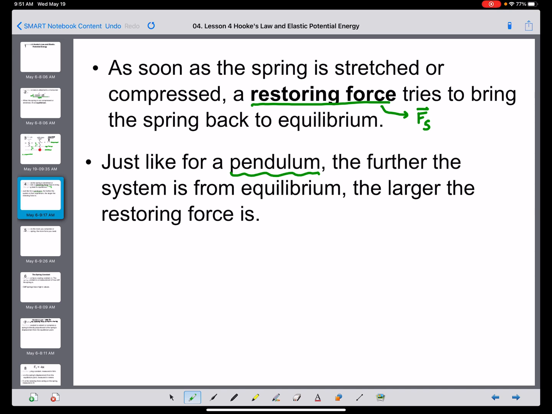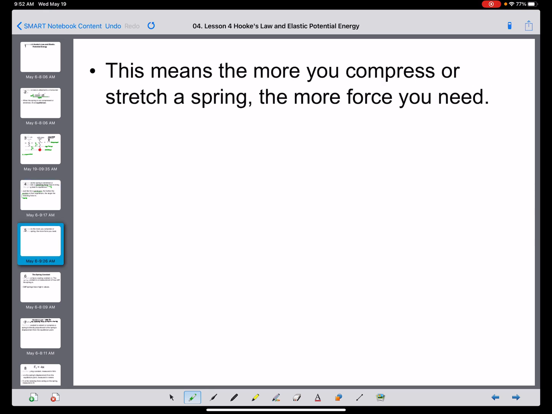So the further the system or the spring is from equilibrium, the larger the restoring force will be. And the other thing to know about the restoring force is that it's always going to point towards equilibrium, because the restoring force is always trying to bring the system back to equilibrium. So this means that the more you compress or stretch a spring and the further from equilibrium that it gets, the more force you're going to need.